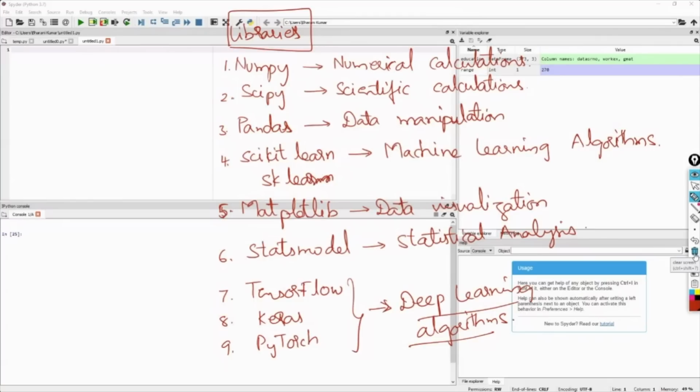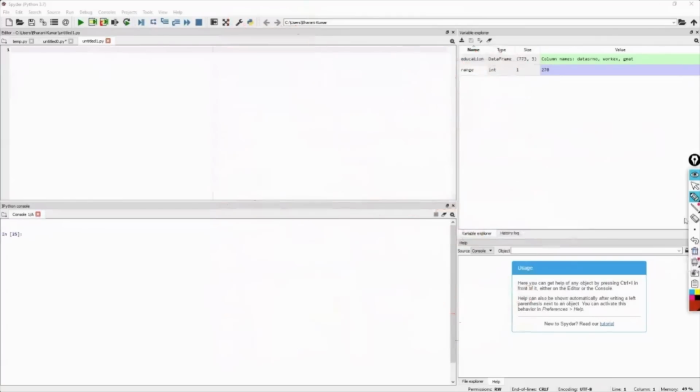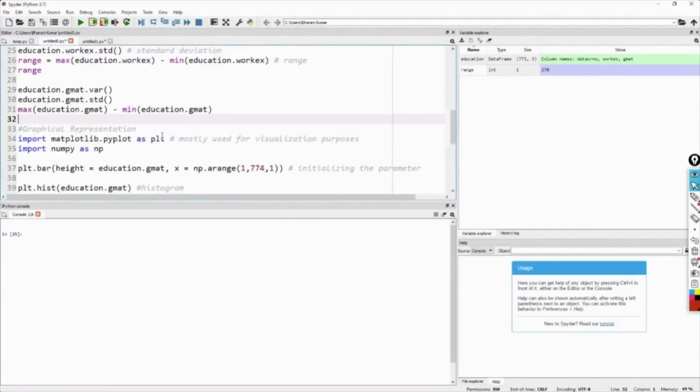Okay, so I'll erase this and come back to this. Matplotlib. Within Matplotlib, which is used for data visualization, there is something called pyplot, Python plot. You are importing that as plt.